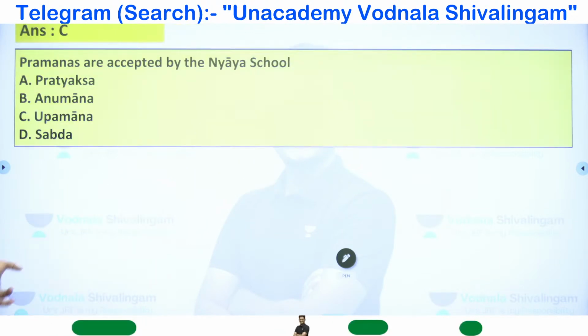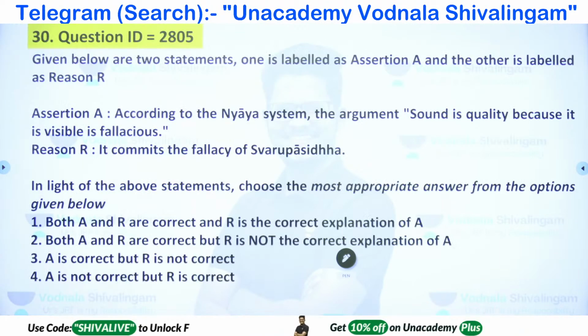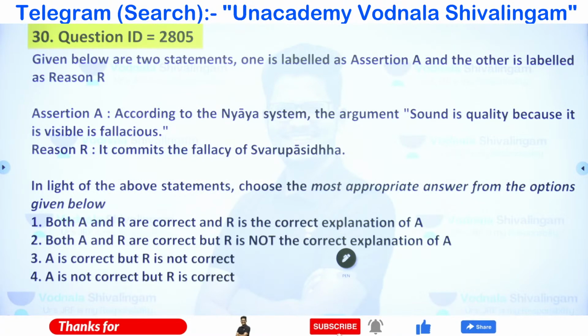Option number 3. Next, according to the Nyaya system, the argument that sound is a quality because it is visible is fallacious. It commits the fallacy of Swarupa Asiddha.